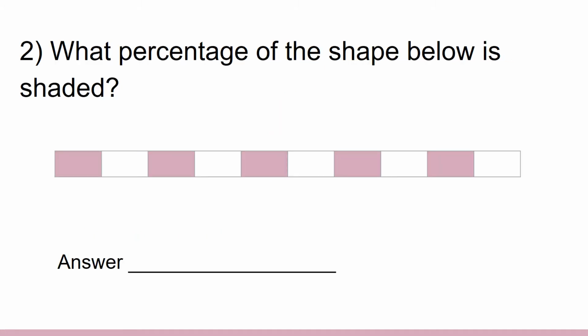What percent of the shape below is shaded? There are 1, 2, 3, 4, 5. So there are 5 out of how much? 10 parts of the shape that are shaded. Now we know the fraction.